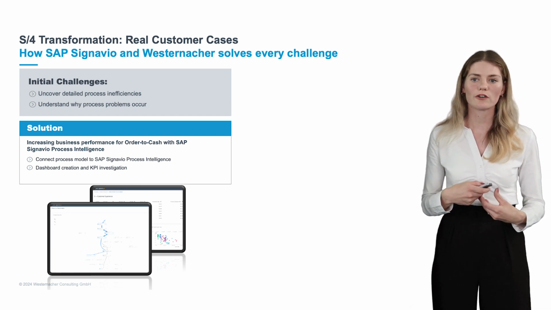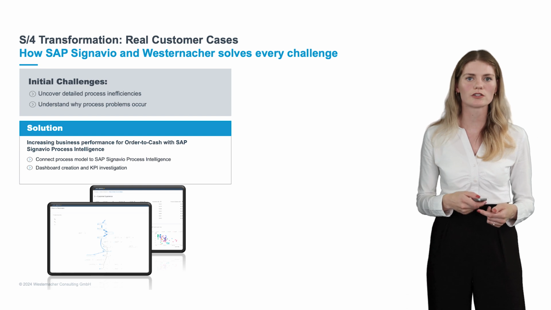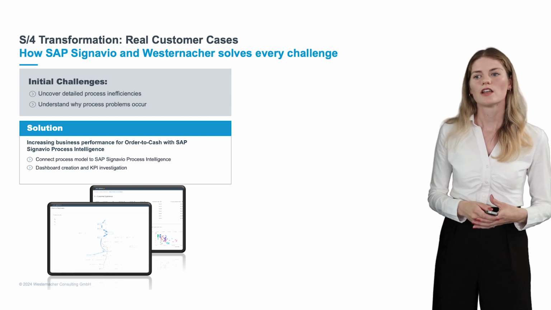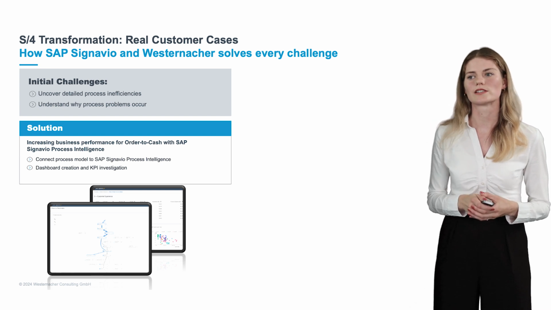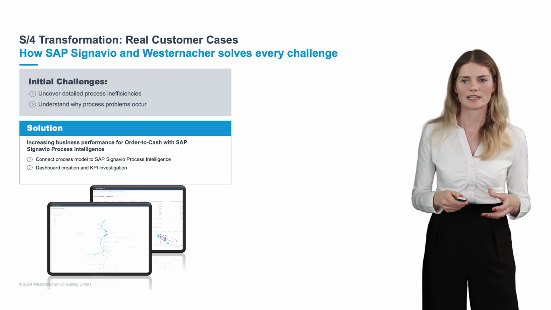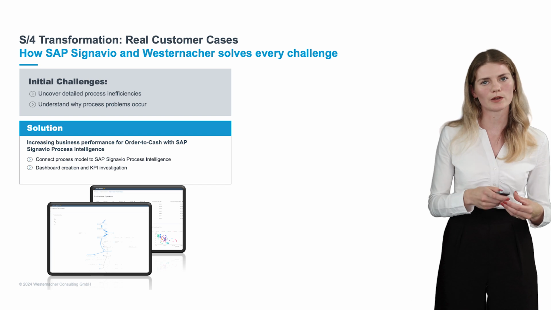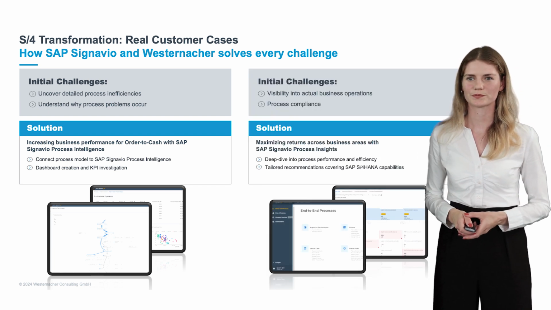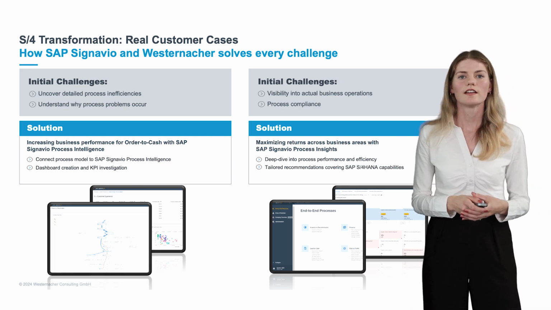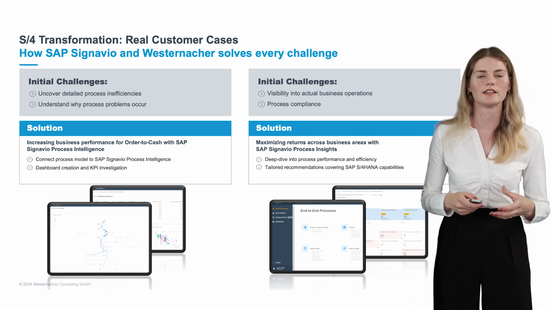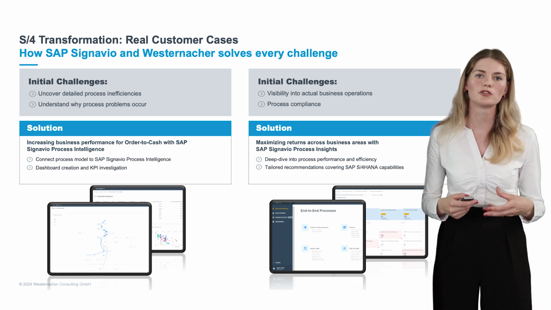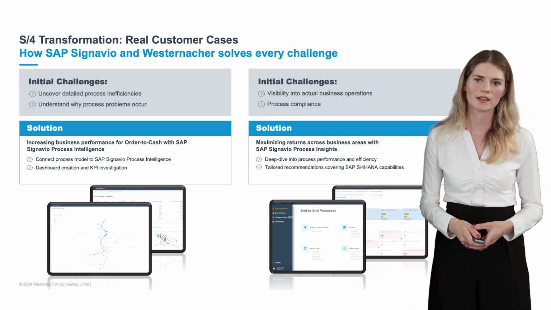The solution we offered was to standardize processes through best practices and increase business performance. We used SAP Signavio Process Intelligence. For example, we connected process models to process intelligence. Other challenges our customers faced were the need for more visibility into their business operations or to make data-driven decisions.